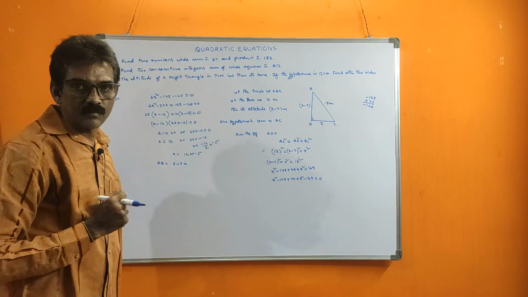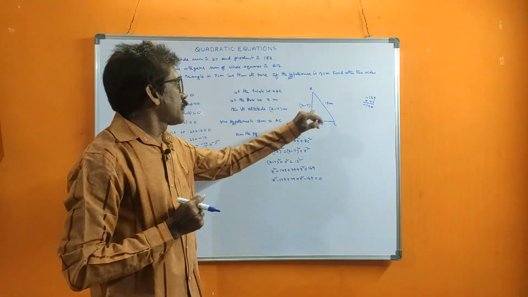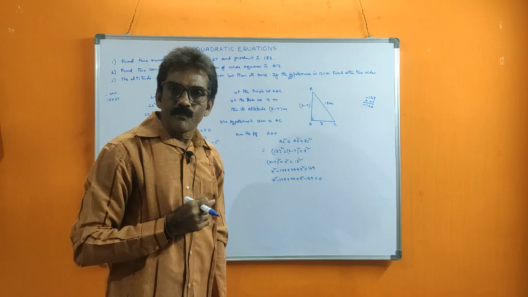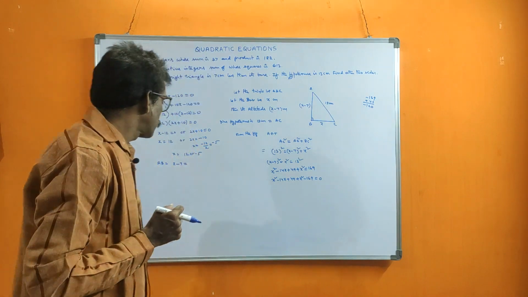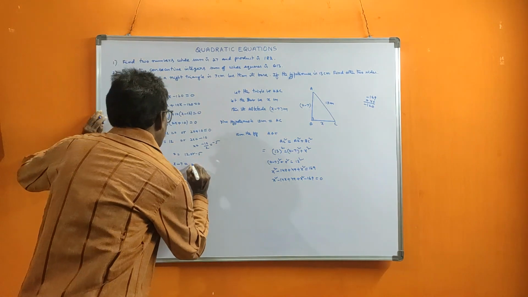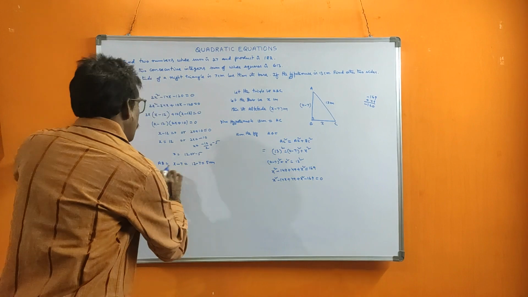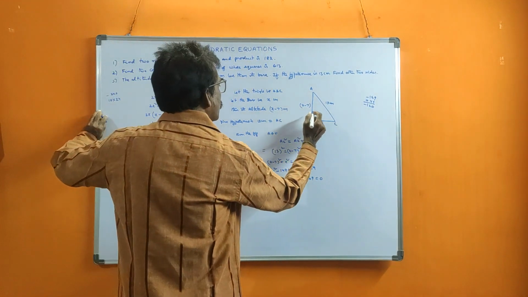We neglect minus because for lengths and areas there are no negative symbols. So we take the x value 12. Then 12 minus 7 is 5 cm. AB is 5 cm.